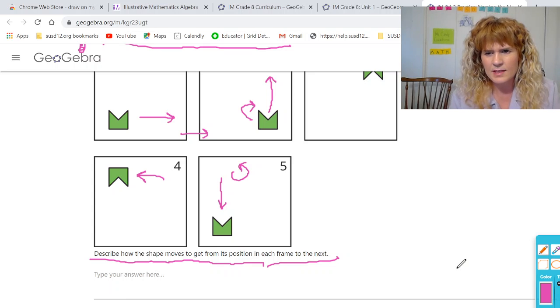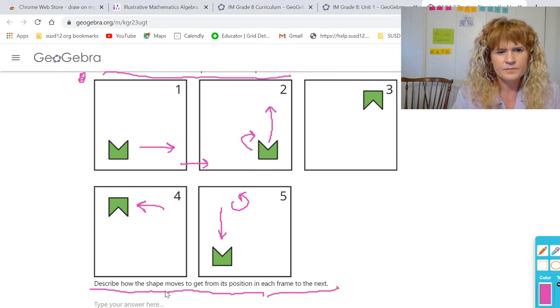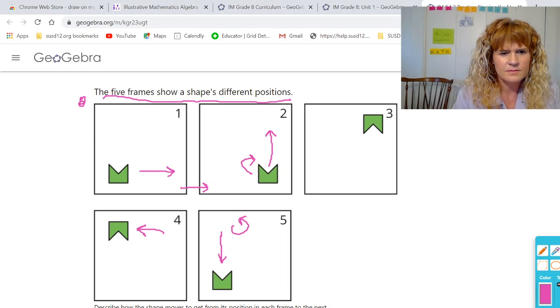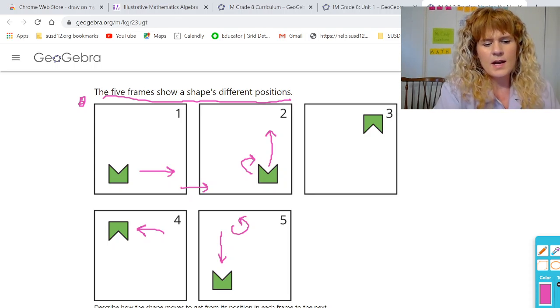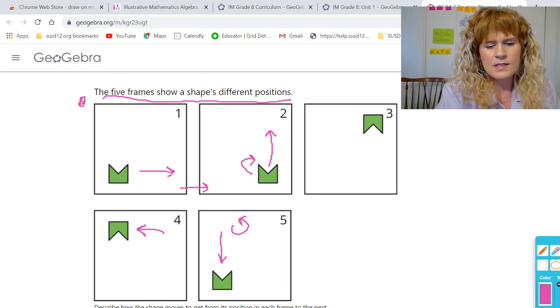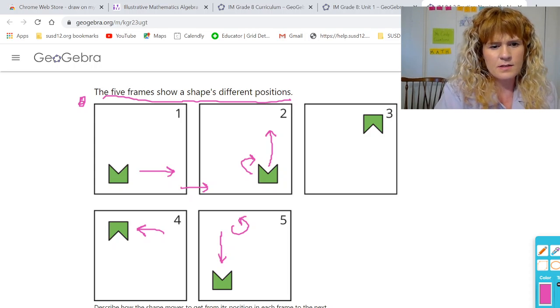Let me type that in. So from 1 to 2, I see that the shape has slid to the right. And from 2 to 3, it has rotated 180 degrees and slid up.